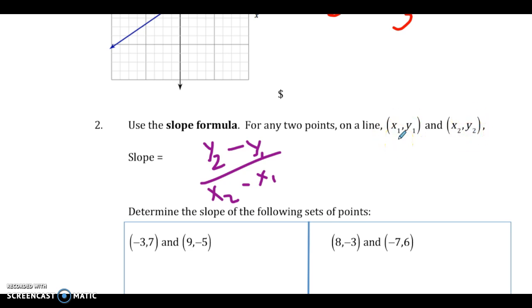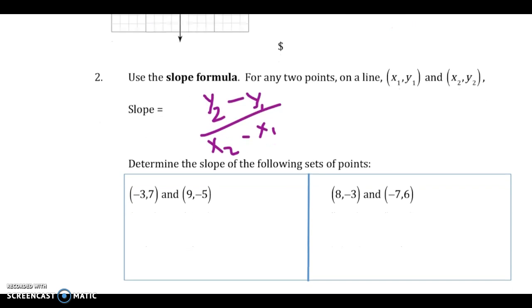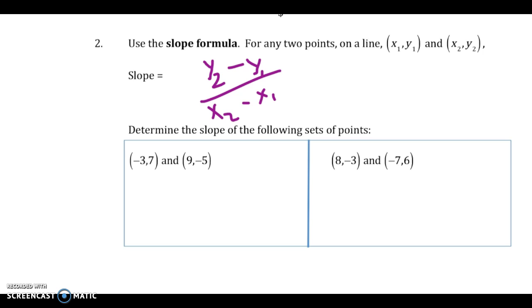And so your signs are going to be wrong. So just make sure that you're keeping your points consistent. Sometimes you will see the formula y1 minus y2 over x1 minus x2. It really doesn't matter as long as you're consistent.